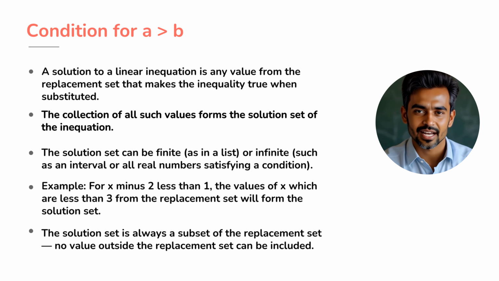Negative 2 is greater than negative 5 because negative 2 minus negative 5 equals negative 2 plus 5, which gives 3. Still positive. Even for fractions, it's the same logic. 4 by 5 is greater than 2 by 3 because 4 by 5 minus 2 by 3 equals 2 by 15, positive again. This rule holds for all real numbers.